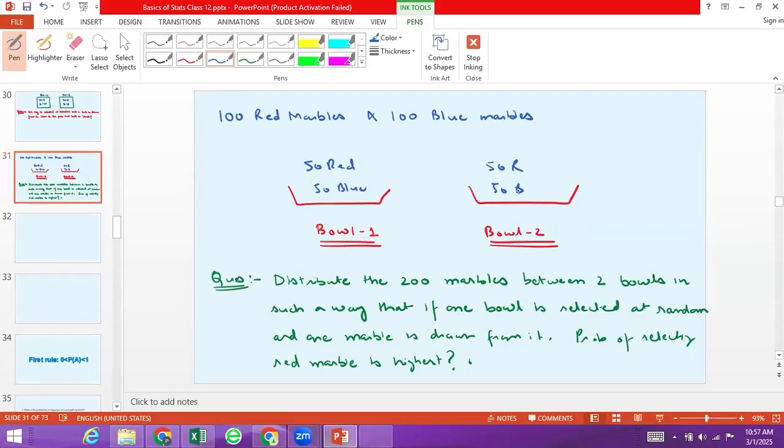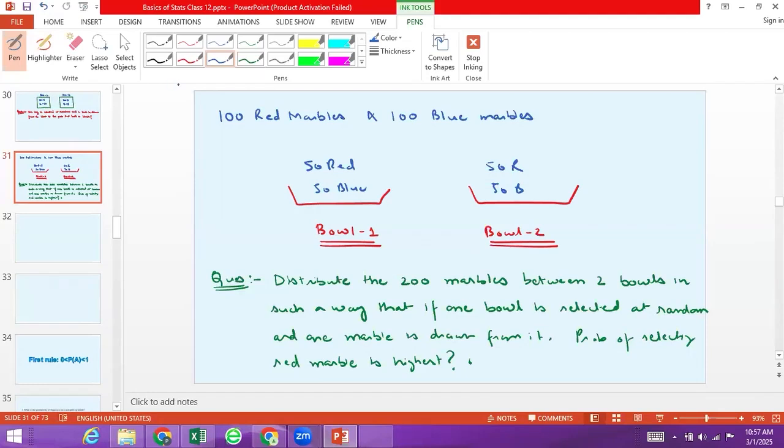Okay, I got it. But that's not correct. So here also, for each bowl it is 1 by 2, into 1 by 2. The total will be 1 by 4, I guess.